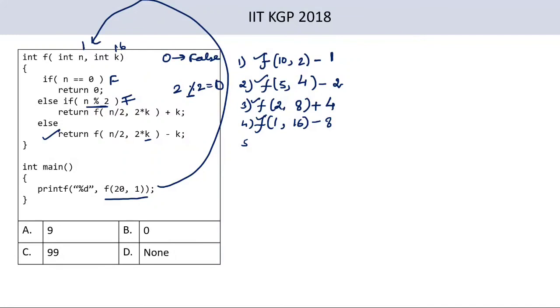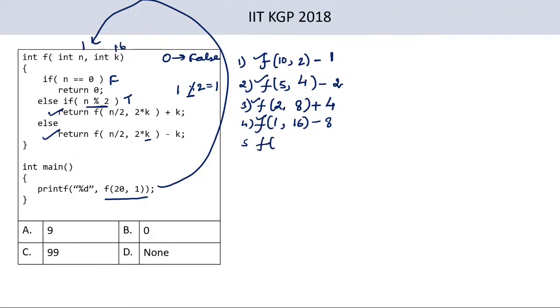Again, is n equal to 0? The condition becomes false. 1 modulo 2. When you divide 1 with 2, you get remainder 1. When you divide a smaller value with a bigger value, you get the remainder as the smaller value. So you get 1, and 1 means true. Anything other than 0 is true. So you will call this function, f of 1 by 2.